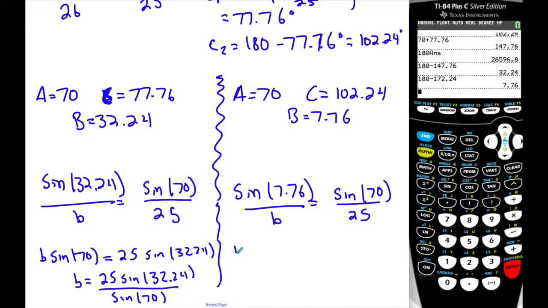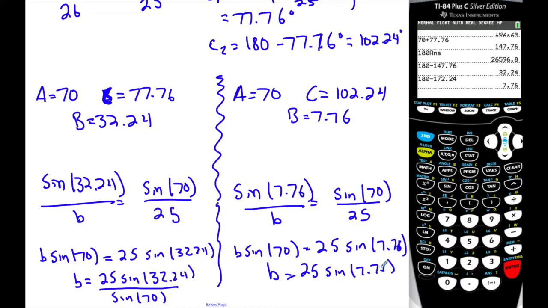And here I'm going to get b sine 70 equals 25 times sine of 7.76. So you can see how it starts off the same, right? The solution method is exactly the same. So see what's going to change? The only thing that's going to change, I'll show you in a second, is the sine.